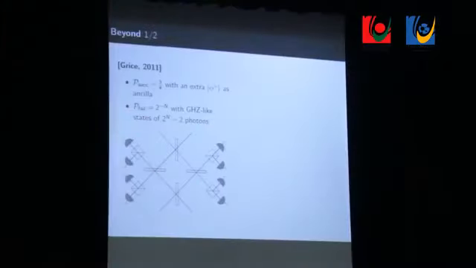So you just need a GHZ-like state of 4 photons, and you duplicate all that stuff, plus an extra GHZ state, and it gives you a probability of failure of 1/8. And if you want to go to a failure probability of 1/16, then you need an extra 8 photon GHZ state, and so on. All of this is really nice.